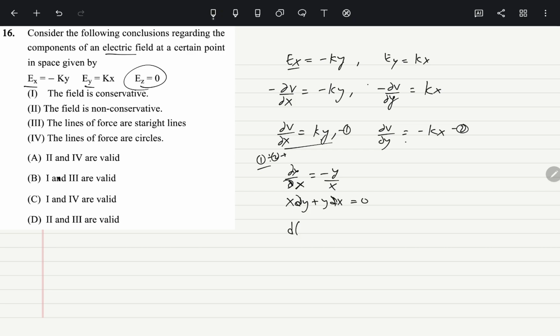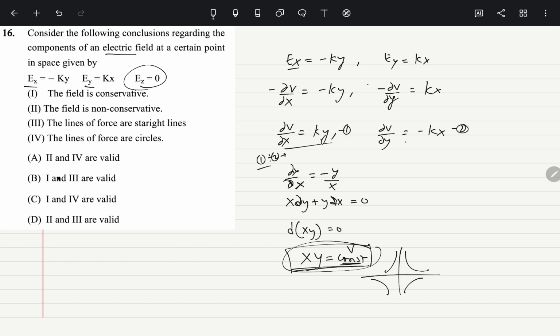So this is like d of xy, which we can write as equal to 0. So that means xy is equal to constant. And that constant is the potential. So basically we are getting the equipotential surfaces, which will be hyperbolic from here.